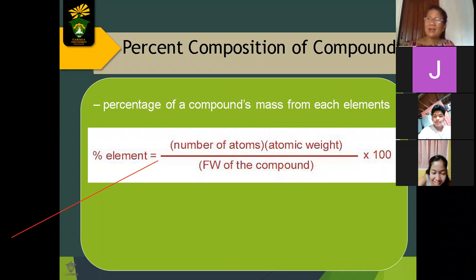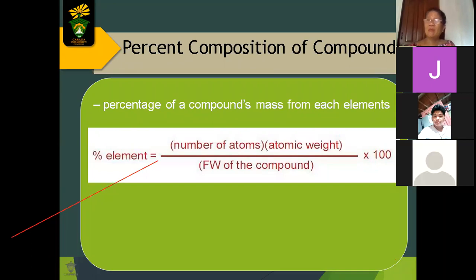That is why if you have diarrhea, you will easily become dehydrated. For the earth, it is surrounded mostly by water, 70% water and 30% land. That is what is meant by composition.